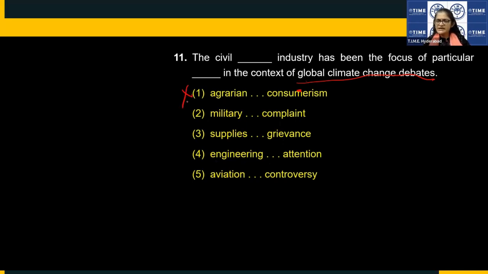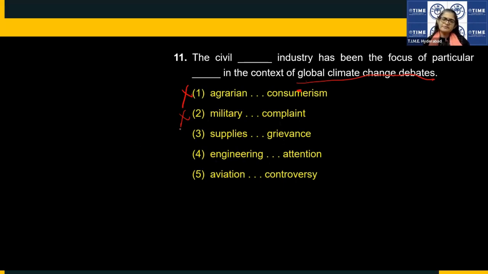Nothing, none of these make sense. The civil military industry, you don't call military an industry. Particular complaint in the context of climate change, totally absurd, doesn't make sense. The civil supplies, or civil supplies also there is a word, but civil supplies industry, not really, has been the focus of particular grievance. How is civil supplies related to global climate change?